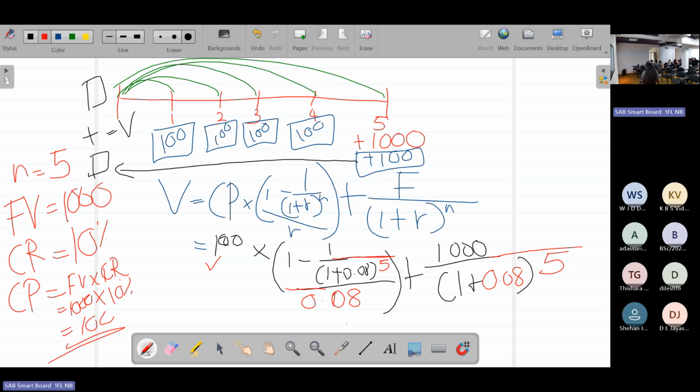Right. Okay. What's this part? 600. What's that? Don't need for it. 100. What's the value then?